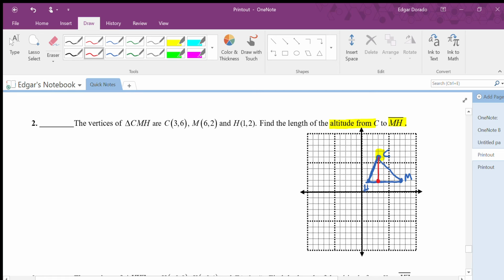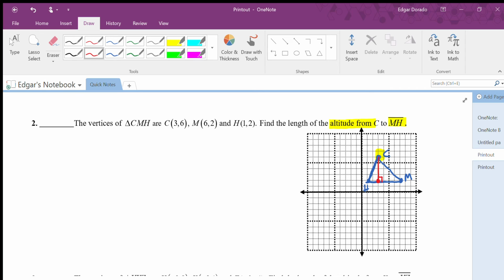That was actually pretty easy. So again, you might be asking, well, how did you know to do that? Well, look at H and M. They're exactly side to side, right? It's a horizontal line right there. So the exact opposite of a horizontal line, which would make perpendicular, would be a straight vertical line. So I have now my altitude.